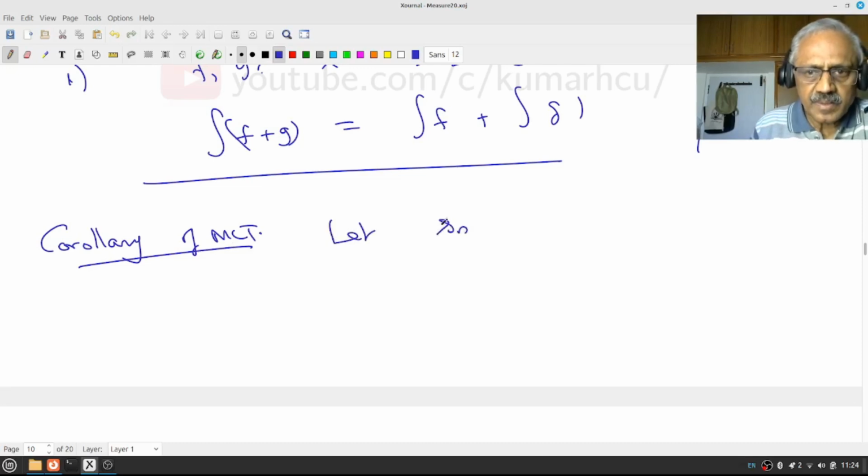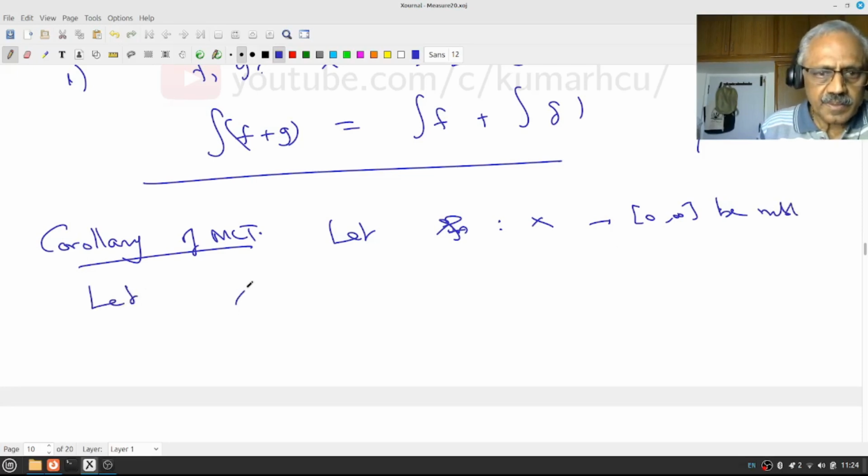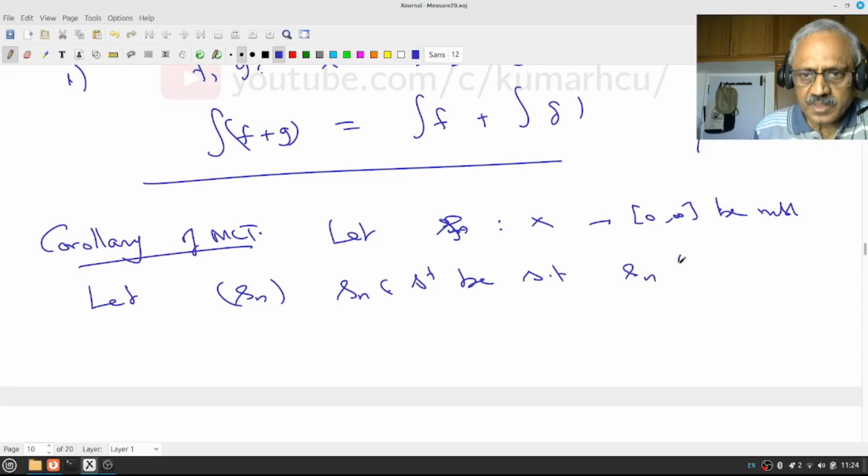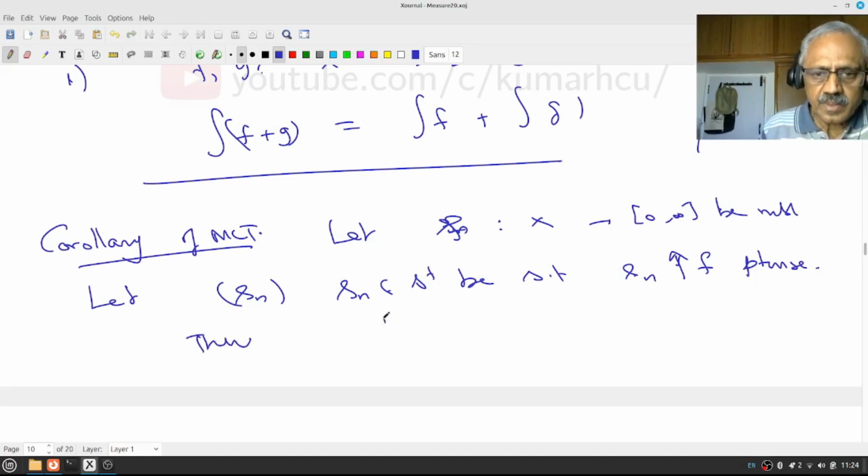Let f from X to [0, infinity] be measurable. Let Sn be such that Sn increases to f pointwise. Then integral Sn converges to integral f.